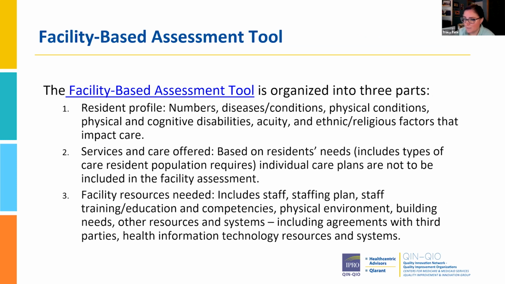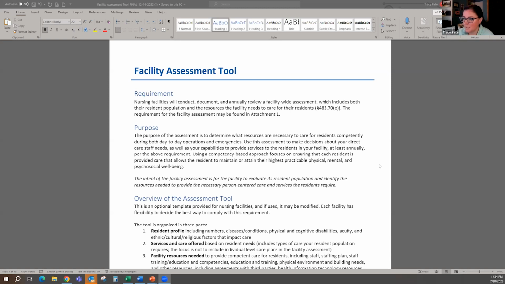Now here's another one, and this link is going to go in the chat. And this one is more of a worksheet than that spreadsheet is, and not so much the self-guided tool that the spreadsheet was. So this one, you're all seeing now, the facility assessment tool.